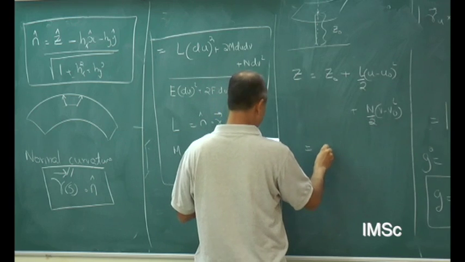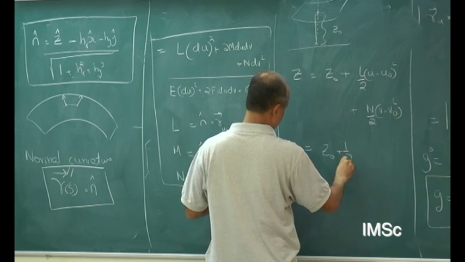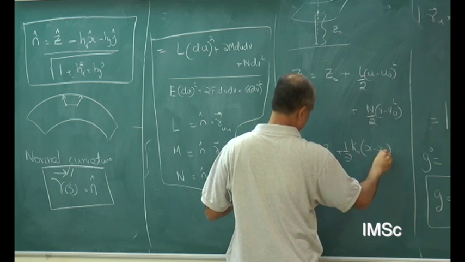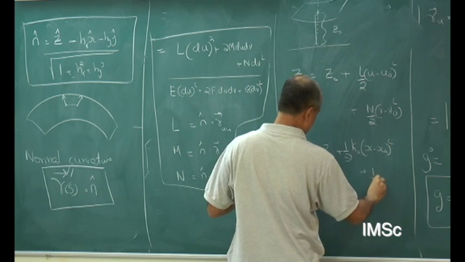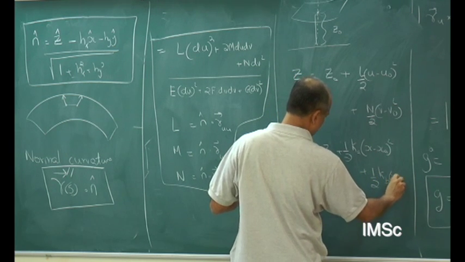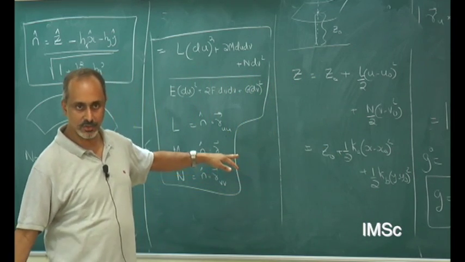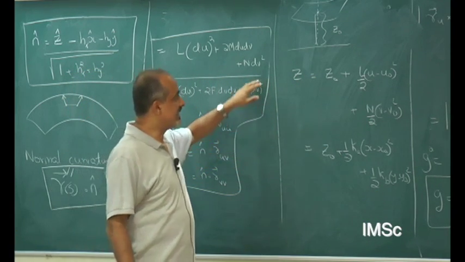Otherwise, I can also write this as z0 plus 1/2 ka (x minus x0) squared plus 1/2 kb (y minus y0) squared.